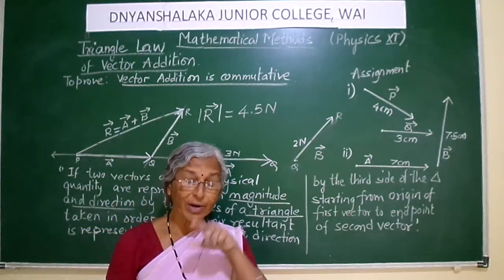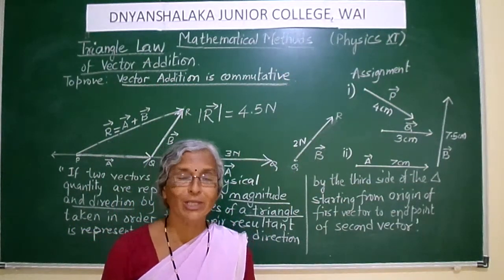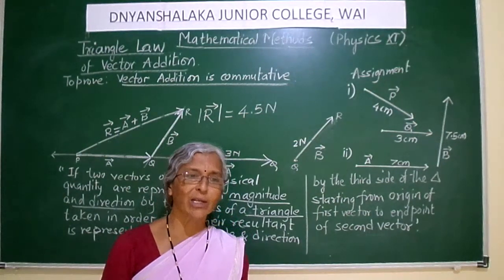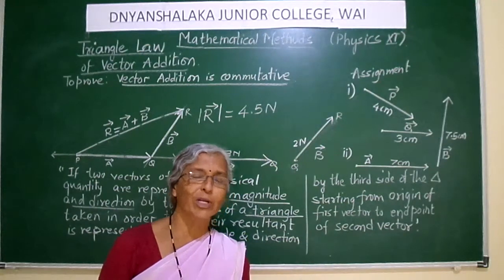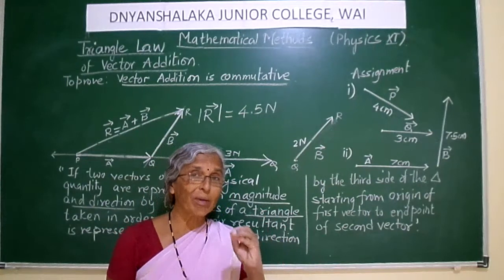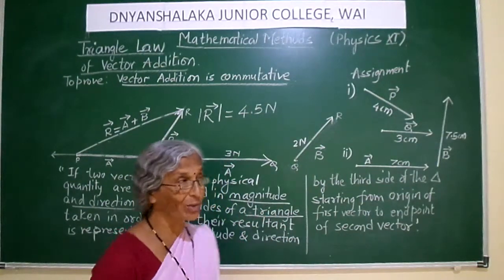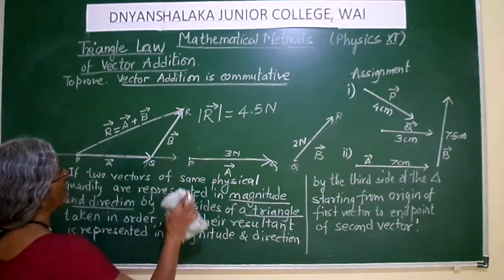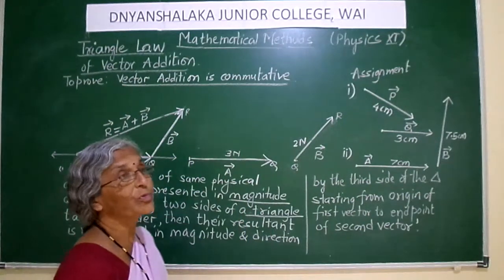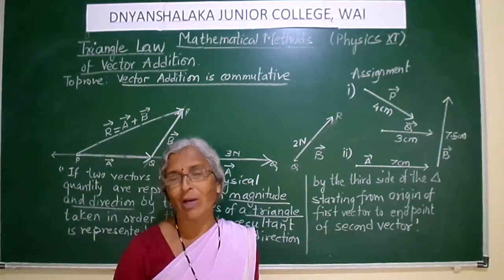Now students, firstly it is necessary that you should know what is meant by commutative, and most of you don't know what is the associative law of addition, what is the commutative law of addition or multiplication. So firstly let me make you understand this word commutative. If you know it, well and good. If you don't know it, you have to understand it right now, and we are going to prove using the triangle law that vector addition is commutative.